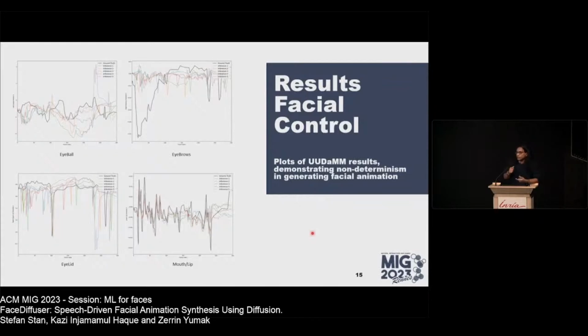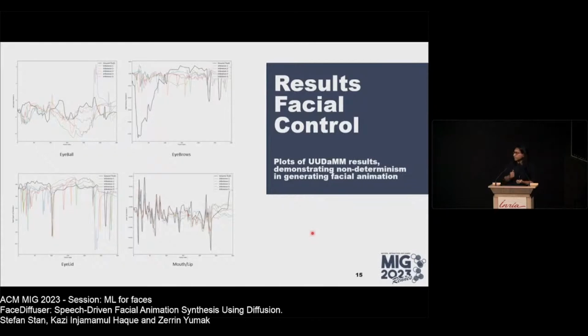What we did was take one audio and generate from it using our model multiple times, and we plotted the animation graphs. We expected the mouth controls, because they relate to the lip sync and the audio, to follow more or less the ground truth data, because there needs to be proper lip sync.